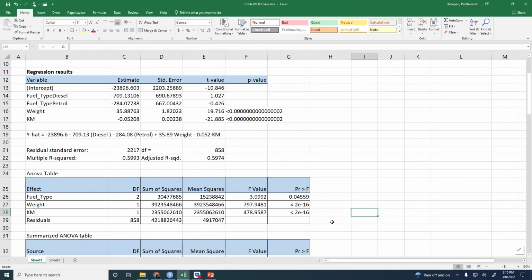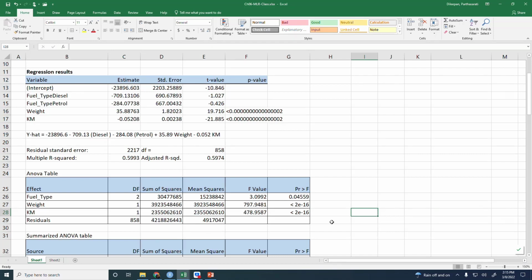Or usually it is called MSE, mean square error. So now if you divide that mean square error into each of the mean squares, you get the f value and then the p value corresponding with the f value. Okay. Now the F for weight and kilometers is going to be t squared.